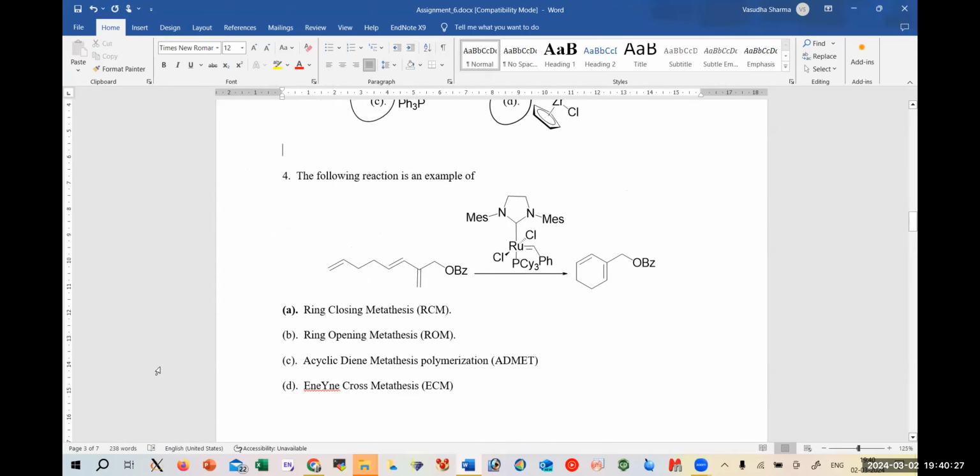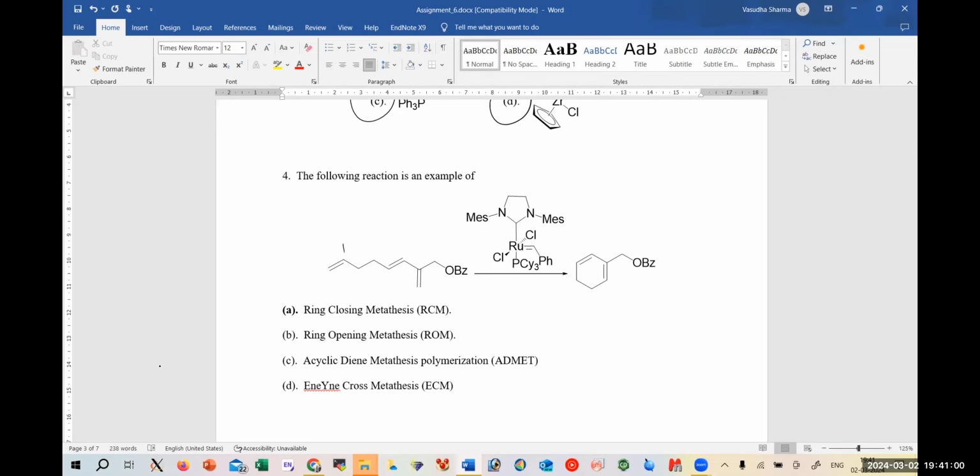Now moving to our question number 4. The question number 4 says that we have this alkene system and this Grubbs catalyst, and it is forming a ring, closing a ring.